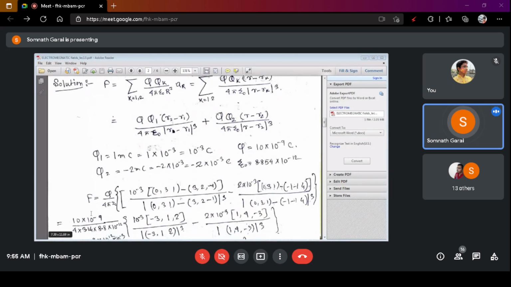Okay. So F is equal to Q by 4 pi epsilon naught. Okay. Q1 is equal to 10 to the power Q, that is this one, into R minus R1. This is R. This is not R2.